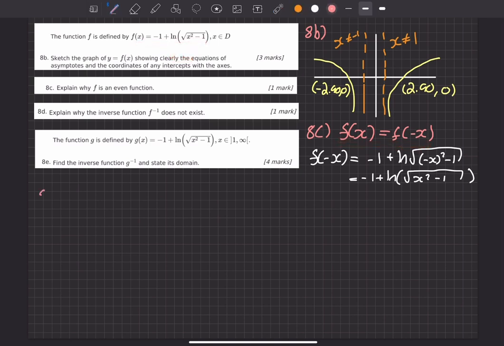Now part D. Again, all that's in the mark scheme is that it does not pass the vertical line test. That's all you have to do to get the mark. But again, I'll show my working out so that it becomes more clear. First we want to find the inverse function.